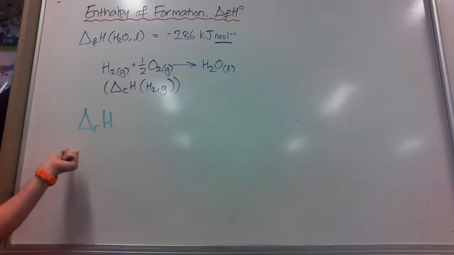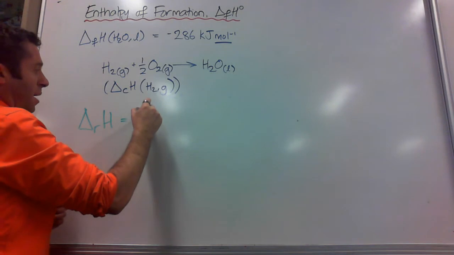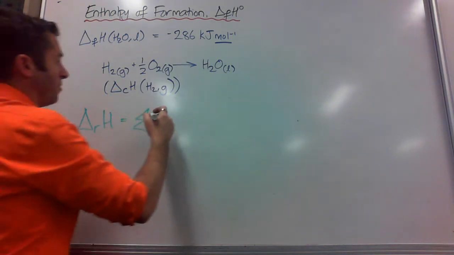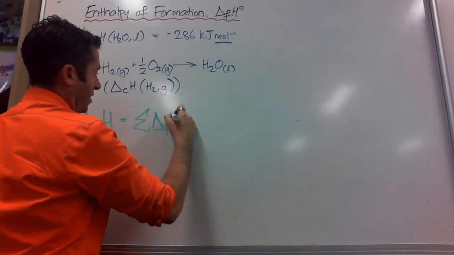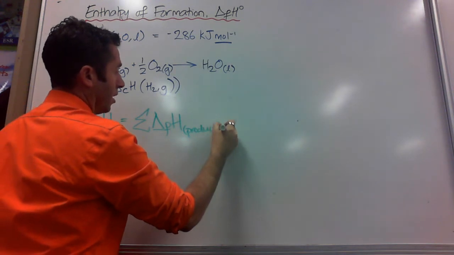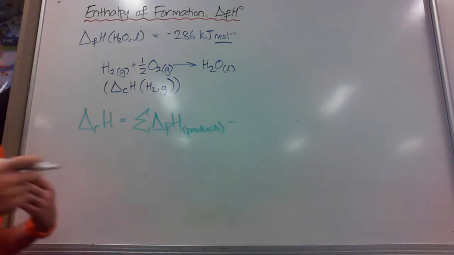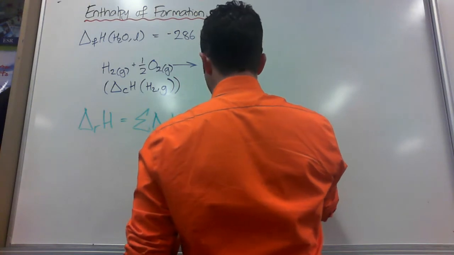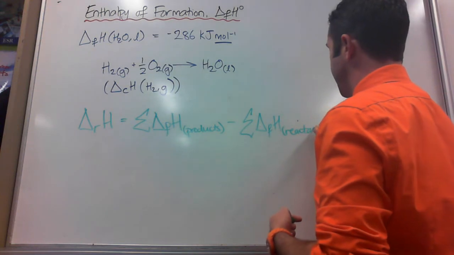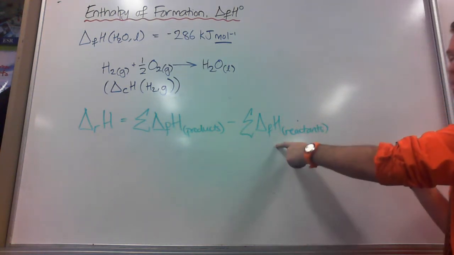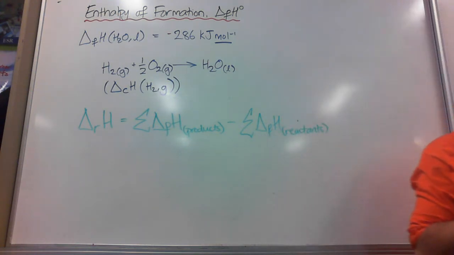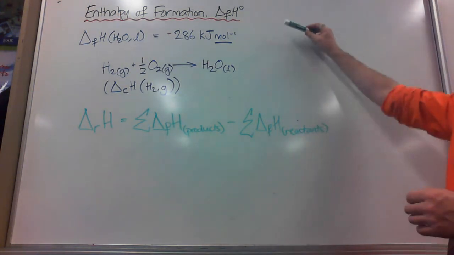The enthalpy of a reaction is equal to the sum, so remember that symbol from our maths days, the sum of the enthalpy of formation of our products, because they're being made, minus the sum of the enthalpies of formation of our reactants. The reason that it's a subtraction is, of course, we're having to unmake the reactants, so that's why that has to be subtracted.